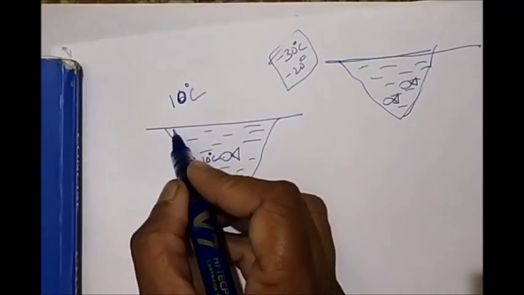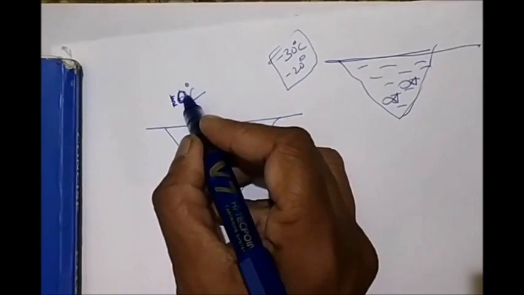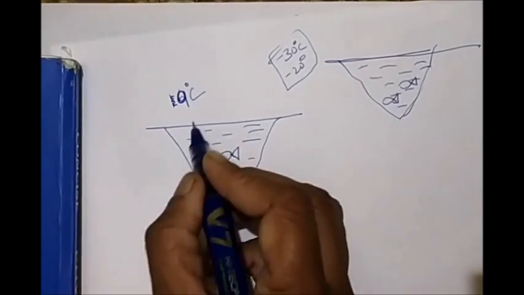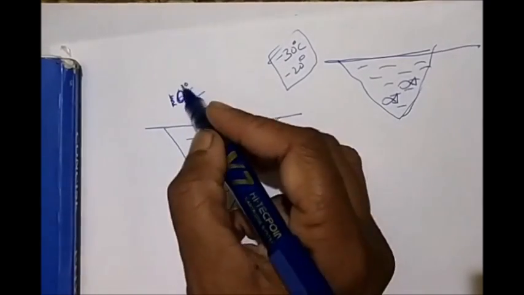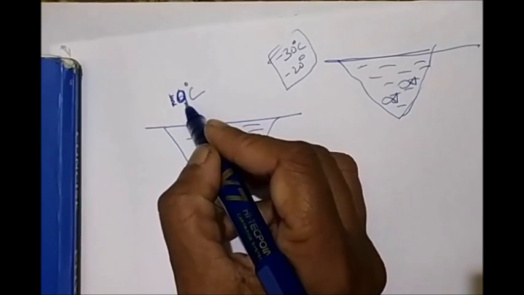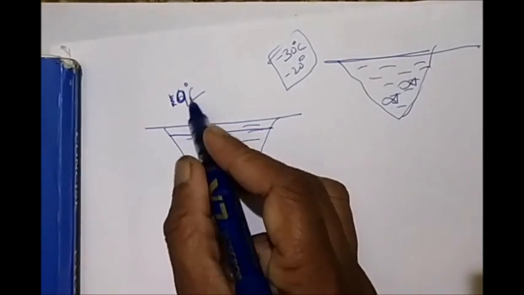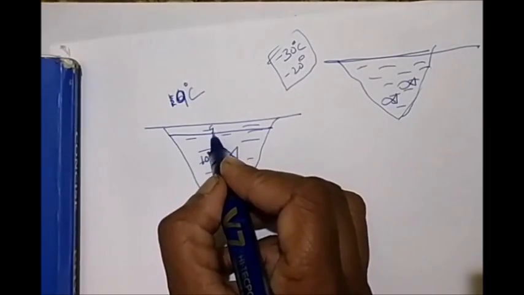Now when the temperature started falling, from 10 it went on to 9. Now what will happen? Temperature decreases, so it will contract. So the water layer at the top, which is close to the atmosphere, was at 10, now it's coming down to 9 degrees Celsius.